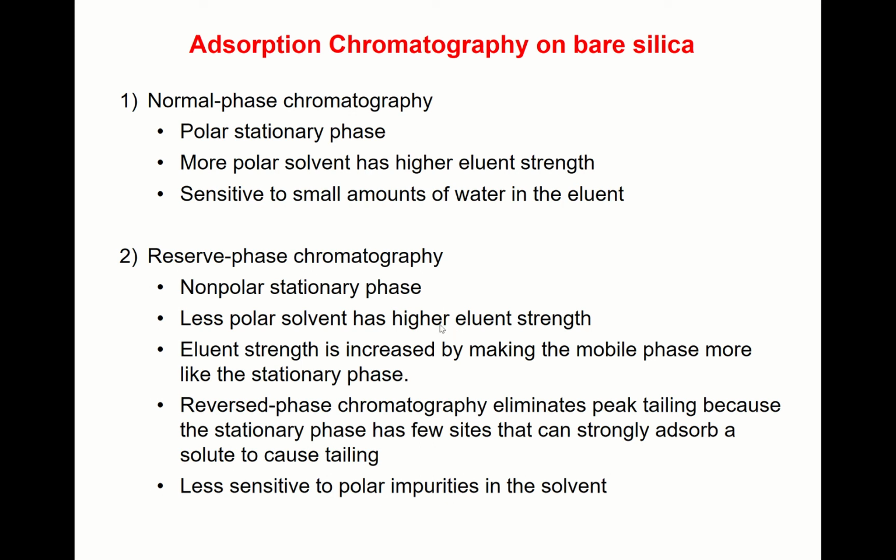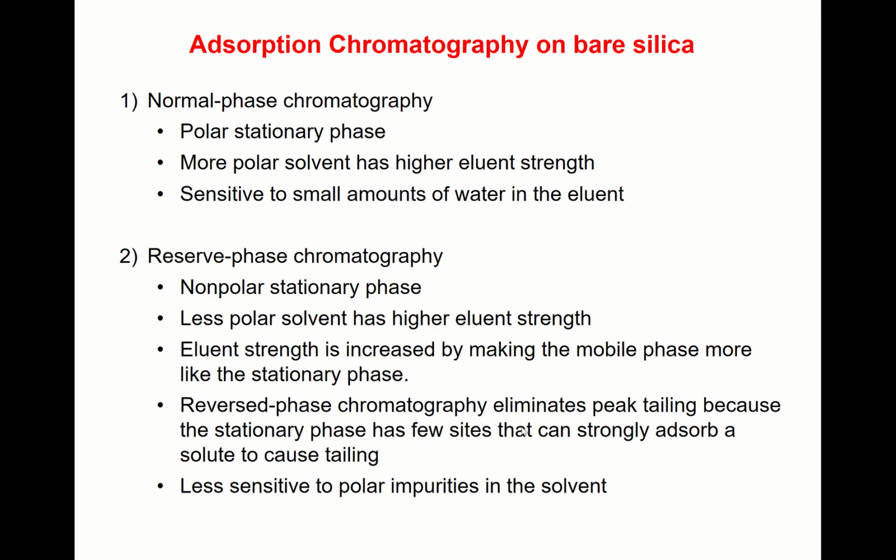But reverse phase chromatography is often used. In this case, the stationary phase is non-polar, and as a result, a less polar solvent has higher eluent strength. Eluent strength is increased by making the mobile phase more like the stationary phase.